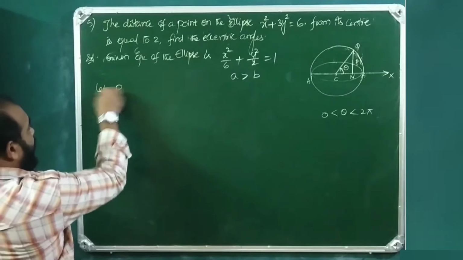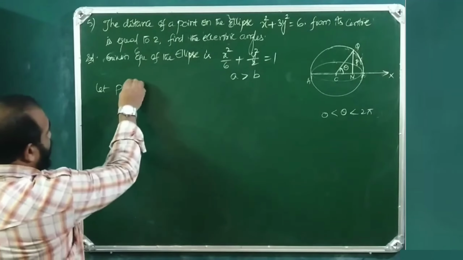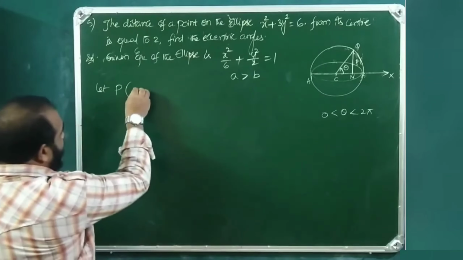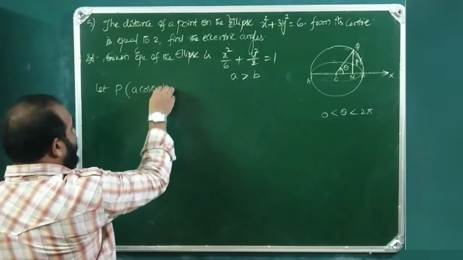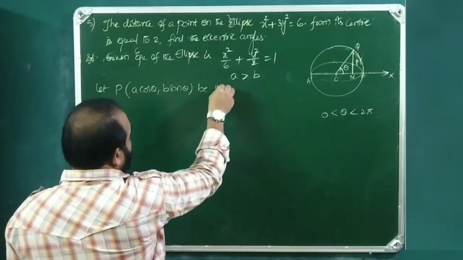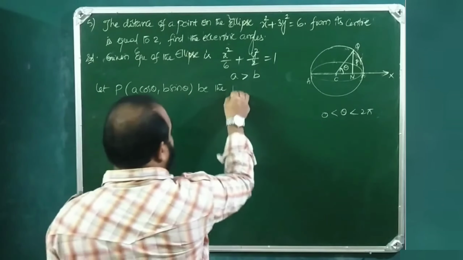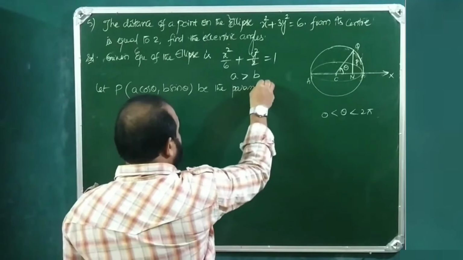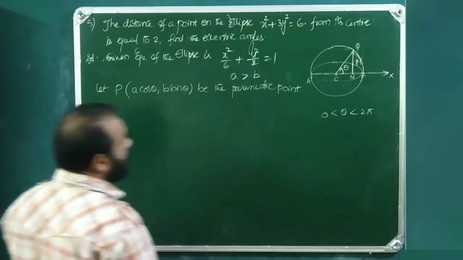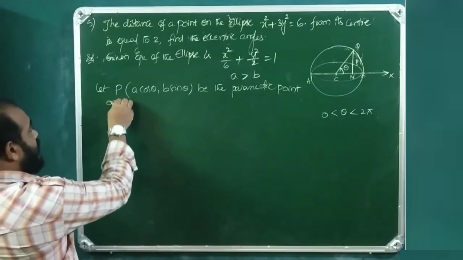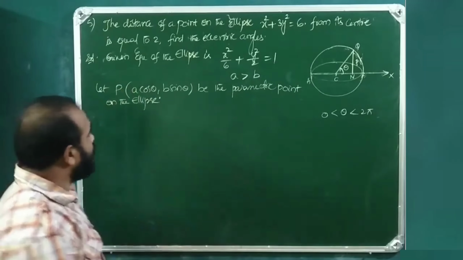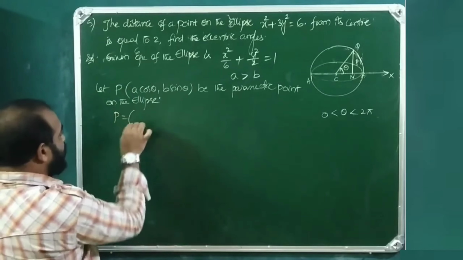Now, let P a cos theta comma b sin theta be the parametric point on the ellipse. So that means P is equal to how much?